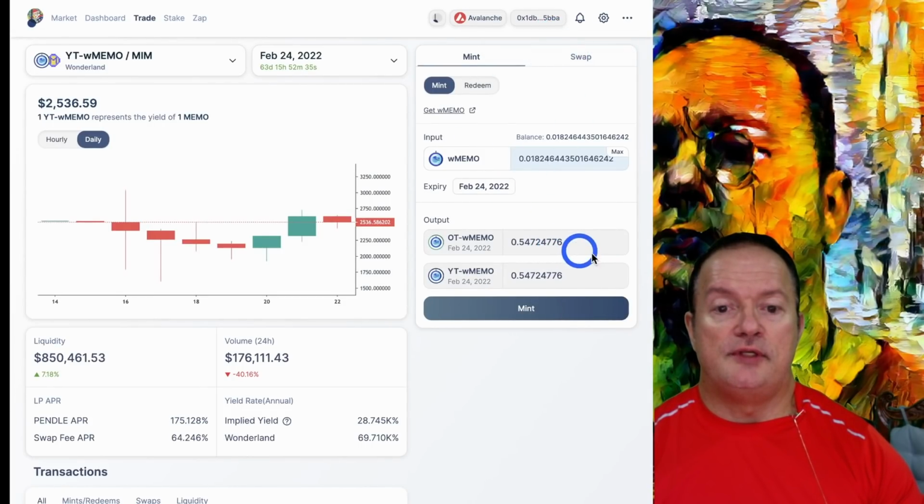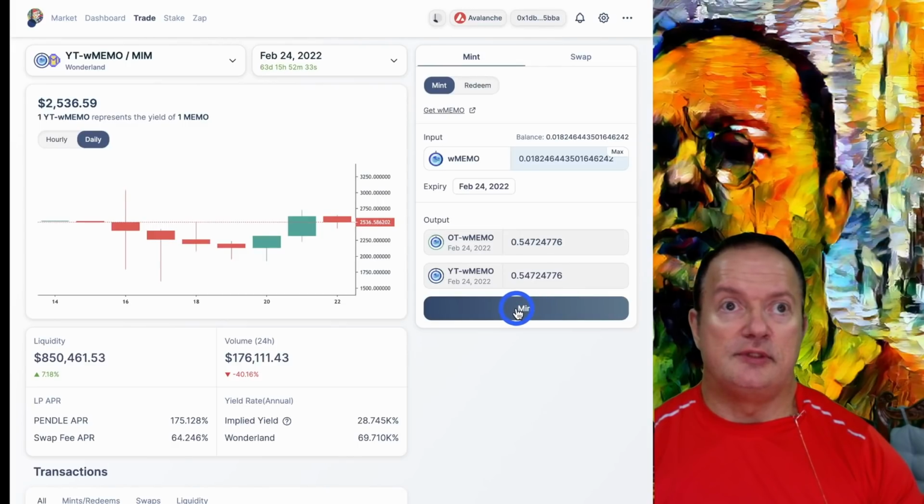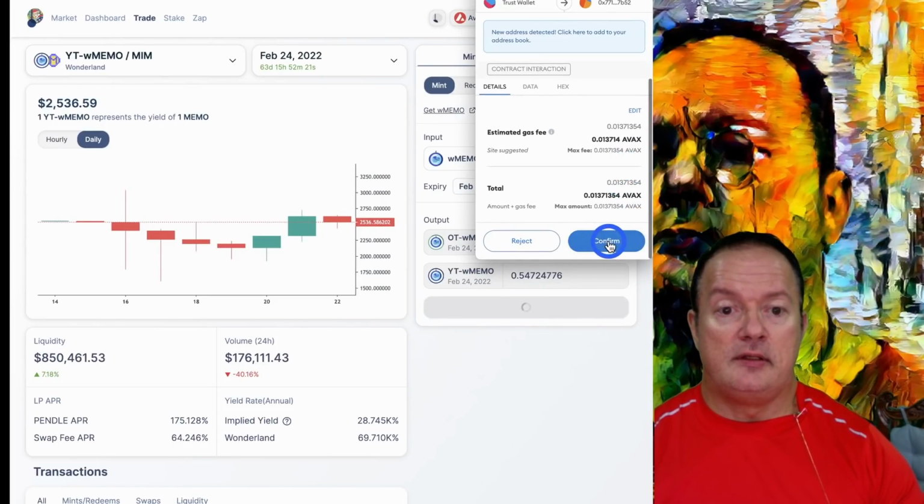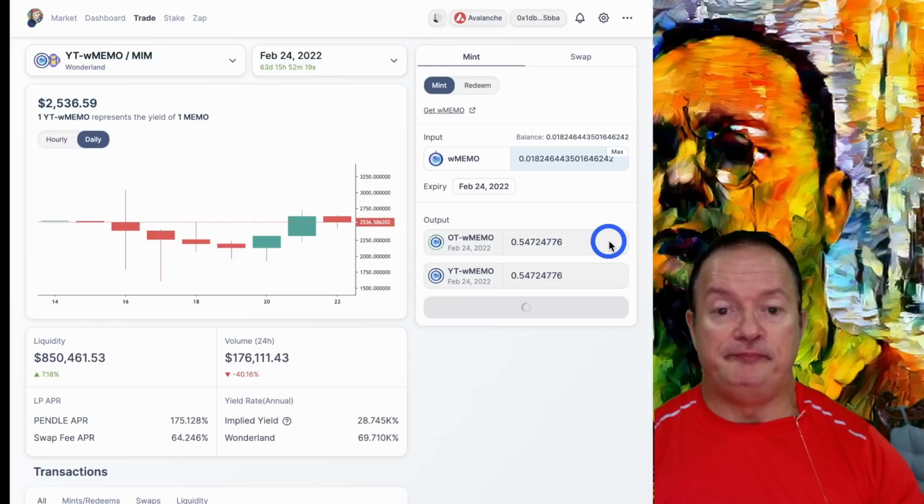So it's approved. Now we need to mint it. So there's always two steps the first time you do it. So let's go for minting now. And we confirm.